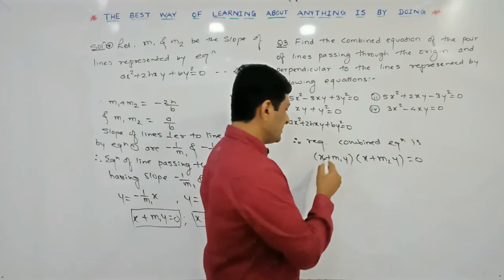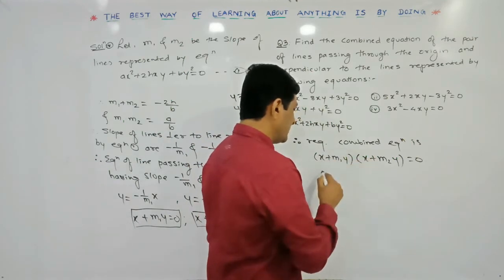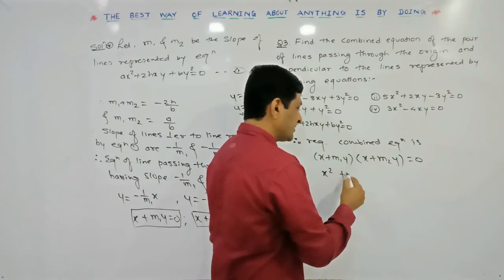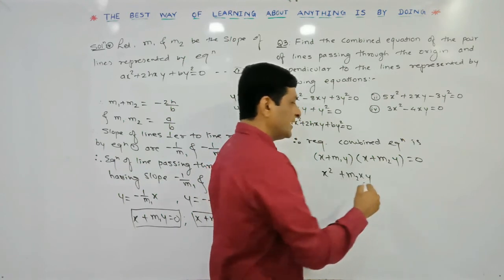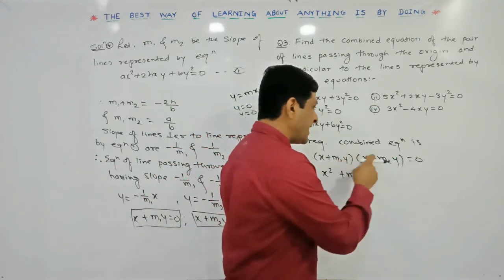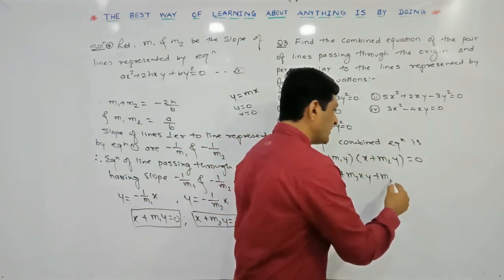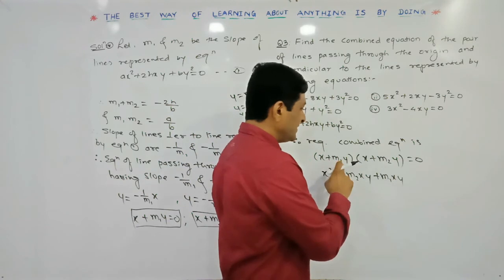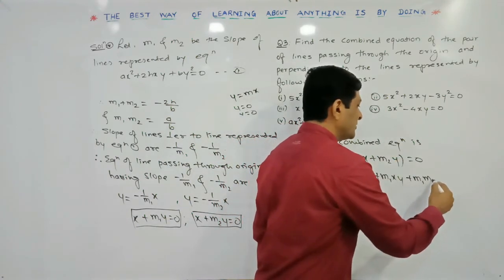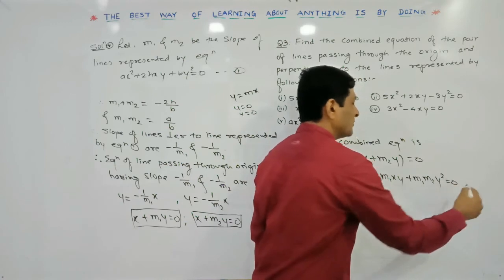Now take the multiplication. Here x into x will be x square, x into m2y will be m2xy. Now I am multiplying m1y with both the terms in this bracket. m1y into x will be m1xy, and lastly m1y into m2y will be m1 m2 y square, equal to 0.